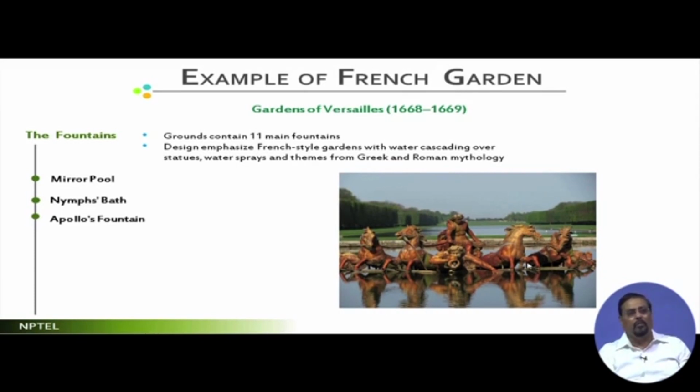This is a very famous one, where multiple horses are spouting water from their mouths. If you see at the background, say this is a large water stretch which runs through all along centrally, and then at different spots. At this point, it's the Apollo's fountain that has been kept over here for spouting water.